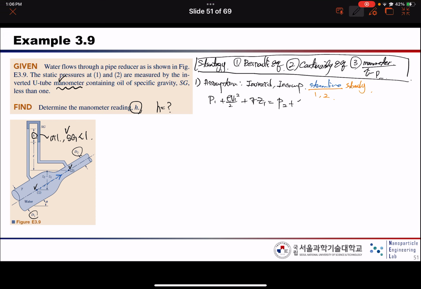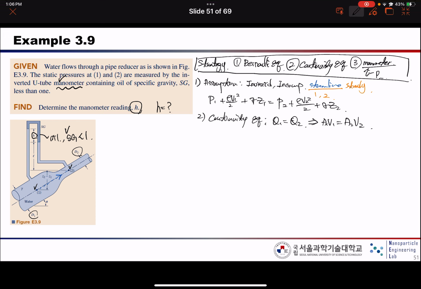The Bernoulli equation here should be this one, right? And the second, for the continuity equation, Q1 should be identical with Q2. Which means that A1 V1 equals A2 V2, right?